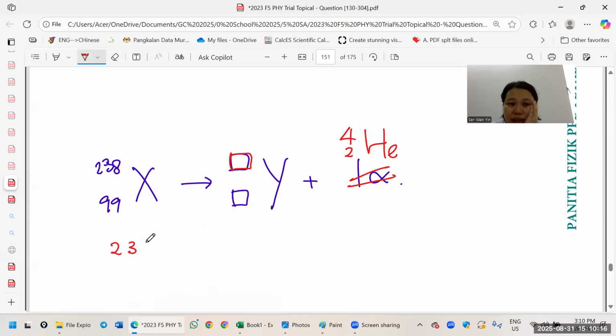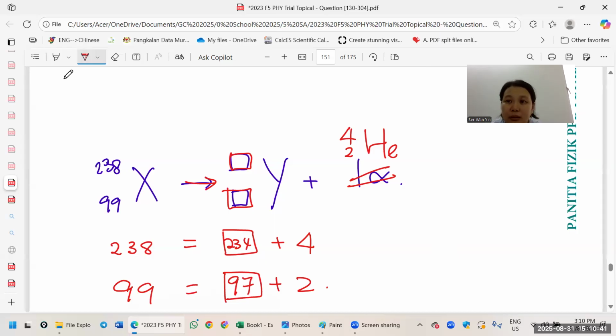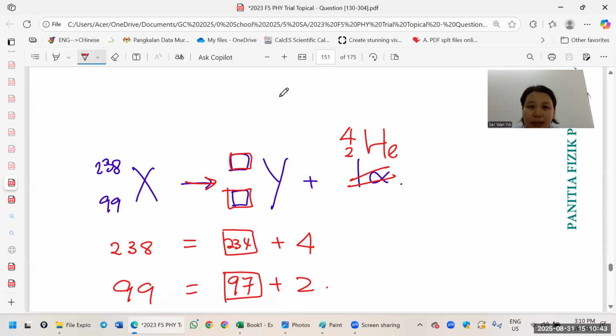It will be 238 equals to unknown plus 4. So it will be 234. Then for this one, we will get 99. Put the arrow as equal sign plus 2. So it will be 97. Understand? So like that only lah.